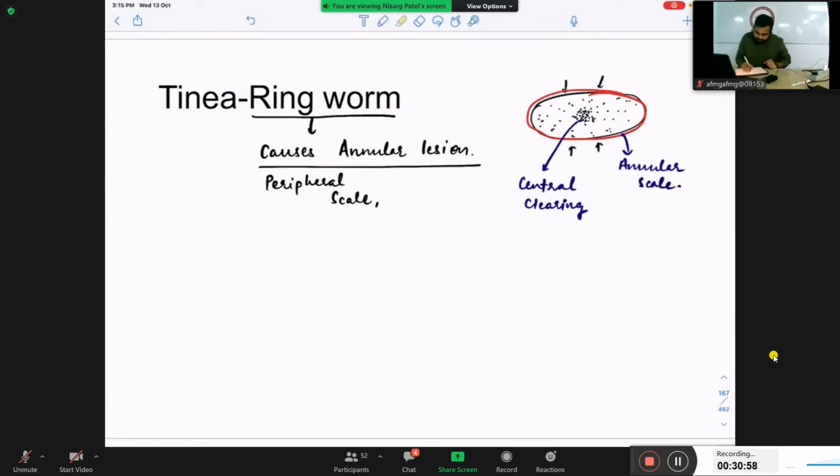Mark these words, because in MCQ they will use them: annular lesion with a central clearing is tinea, ringworm, or dermatophytosis. So these are all the same disease, dermatophytosis. They can use the word tinea or the word dermatophytosis.